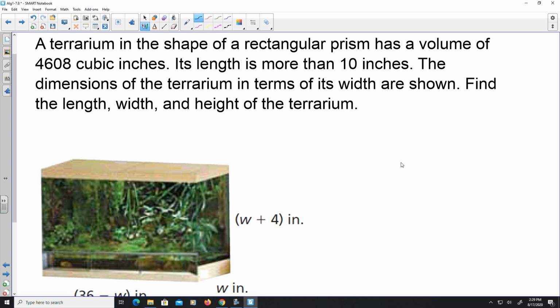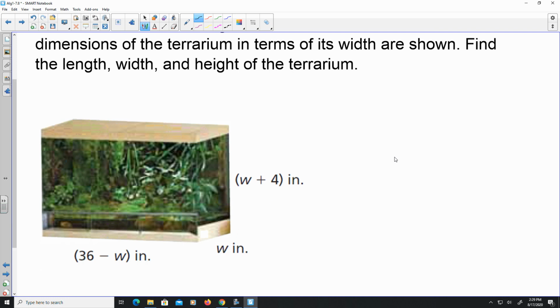The dimensions of the terrarium in terms of the width are shown. Find the length, width, and height of the terrarium. So they're telling you that it's 36 minus W, W, and W plus 4, all in inches.